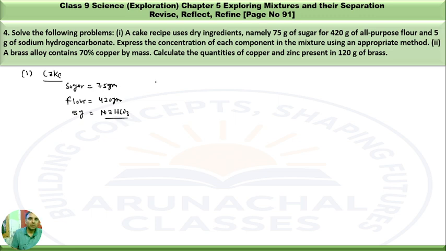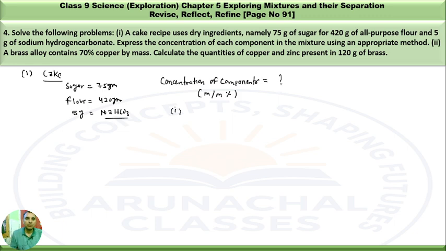Now they are saying express the concentration of each component in the mixture by using appropriate method. So we have to find the concentration of components. So we will calculate in terms of mass by mass percentage of each component.